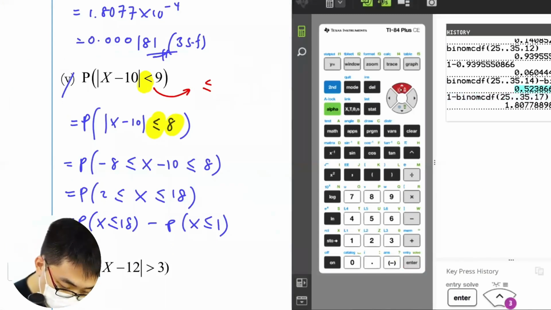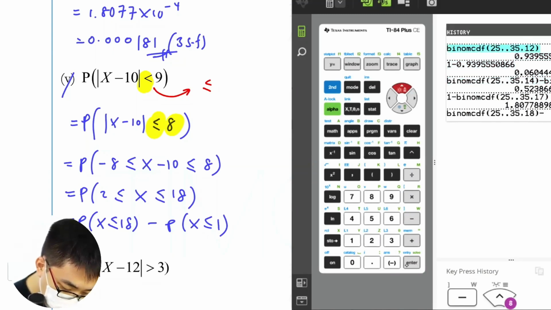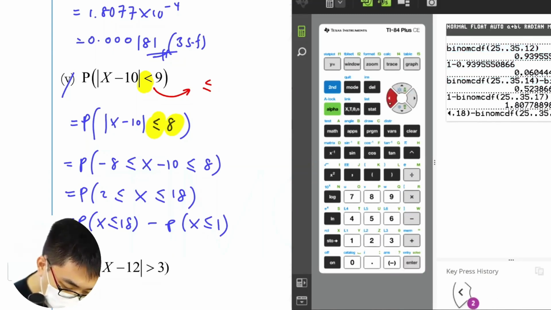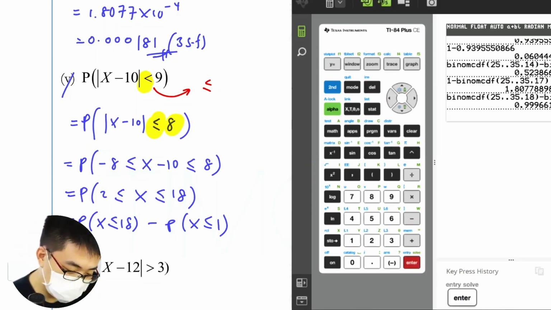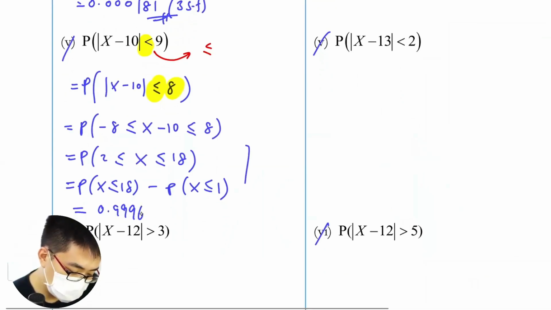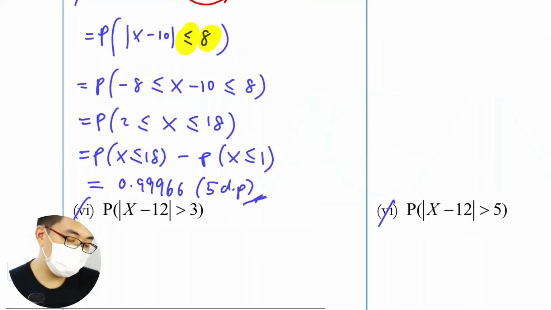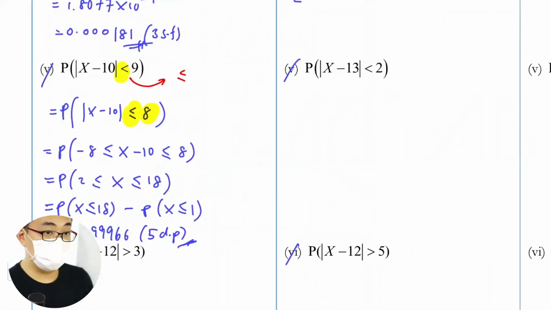Binomial CDF 18 minus binomial CDF 1. 0.99966. Okay, usually if we round to 3SF and it is 1, we just leave it as 4 dp or 5 dp. We don't change it to 1. Okay, so usually that's the case.